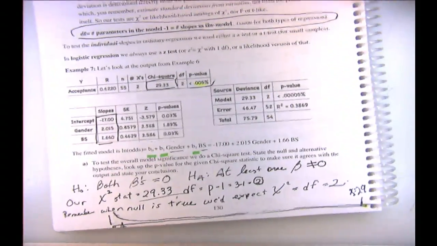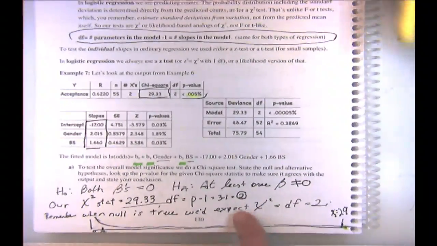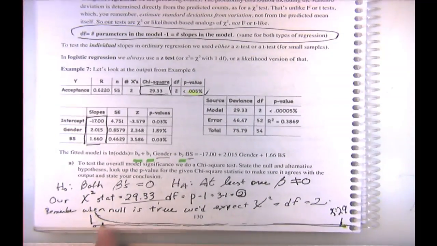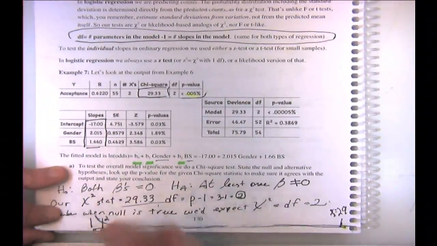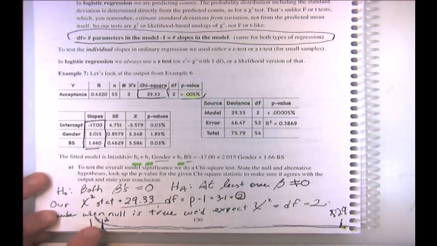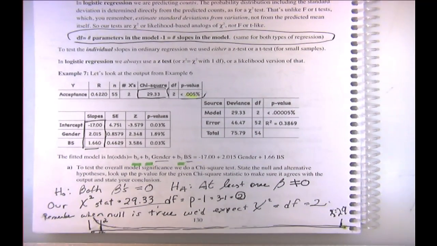And what do I have written down there? Right here, that's 2. That's a chi-square of 2, because that's the degrees of freedom. So you'd expect about here, but it's way down there. Okay?